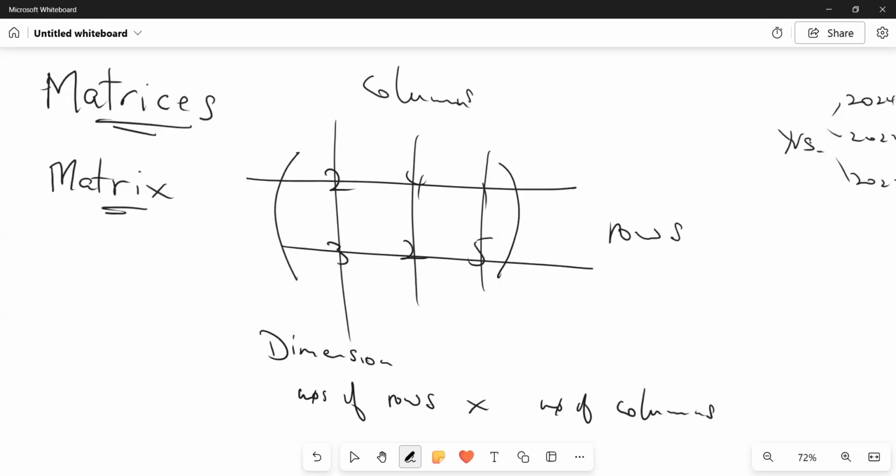That's how you write the dimension of a matrix. Like this one we have, they have 2 rows and 3 columns. So you say it's a 2 by 3. You don't say 2 multiplied by 3. You say 2 by 3. It's a 2 by 3 matrix.